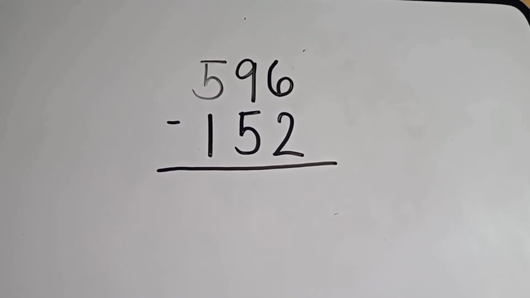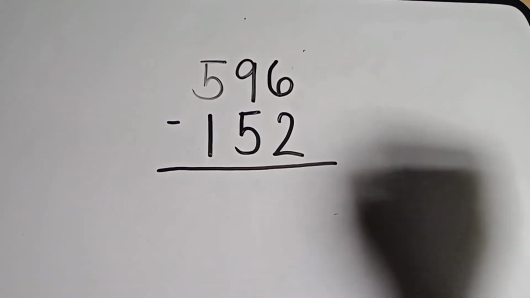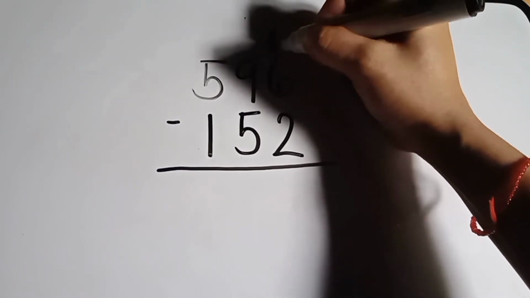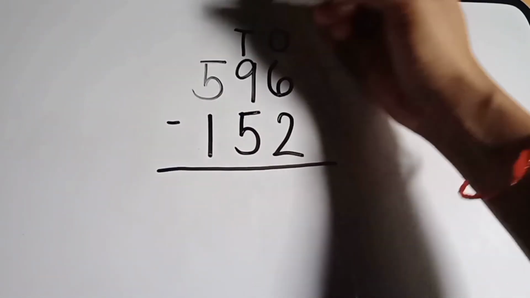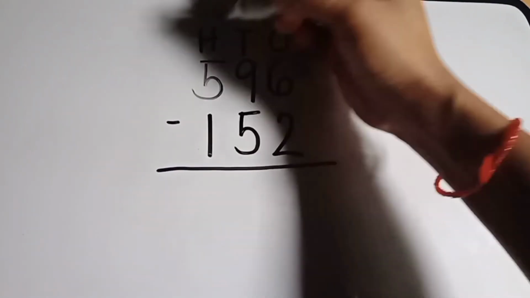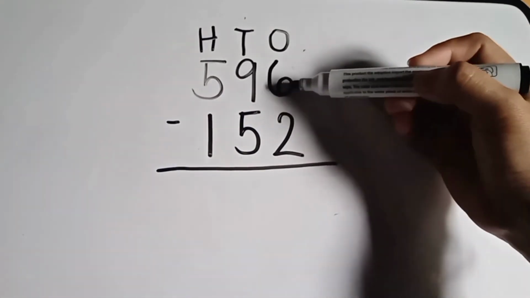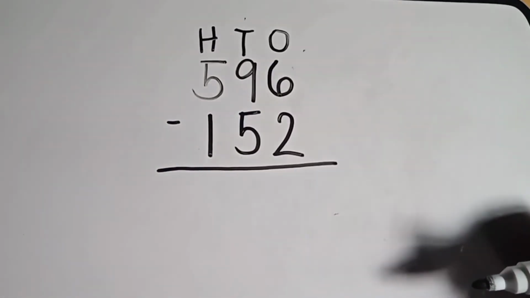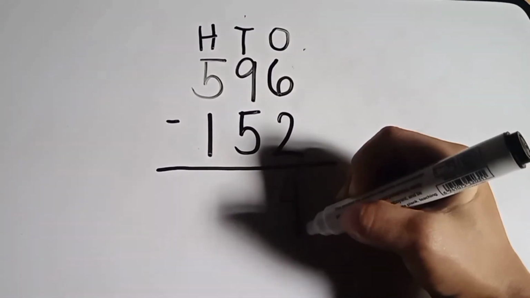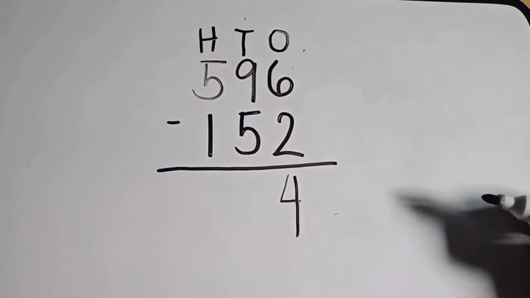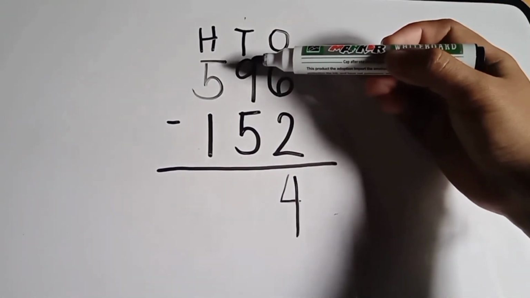Another example in subtracting numbers. Here we have 596 minus 152. The first thing to do is to look at the place values of the numbers: the ones place, tens place, and hundreds place. The next step is to subtract the ones place first. 6 minus 2, the answer will be 4. Next, subtract the tens place.